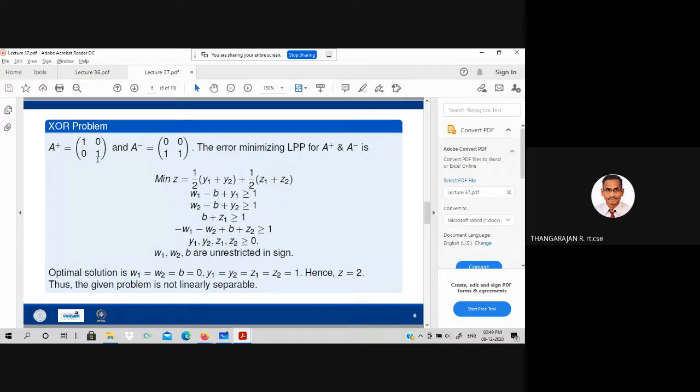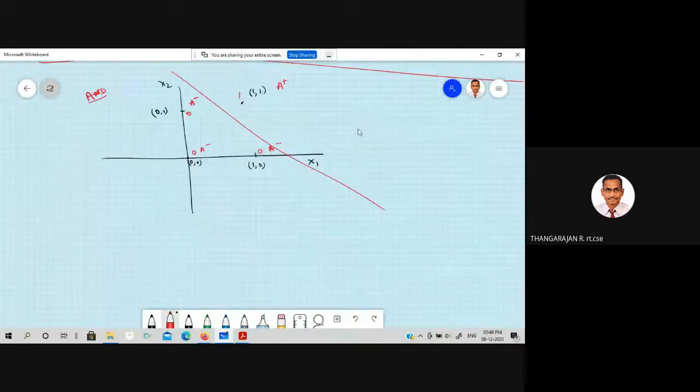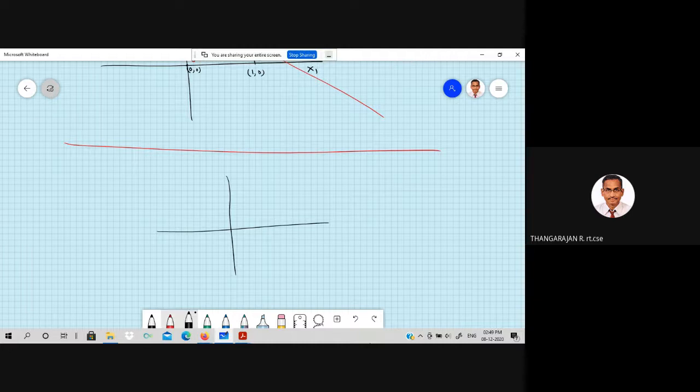If, on the other hand, you take an XOR problem, the XOR problem is a little different. Here the points are 0, 0, 1, 0, 0, 1, 1, 1.